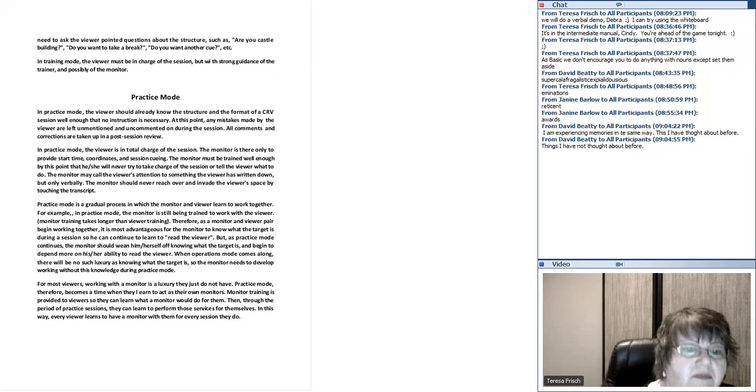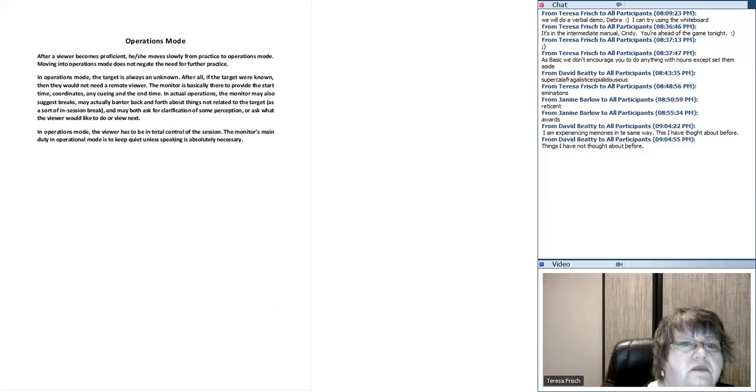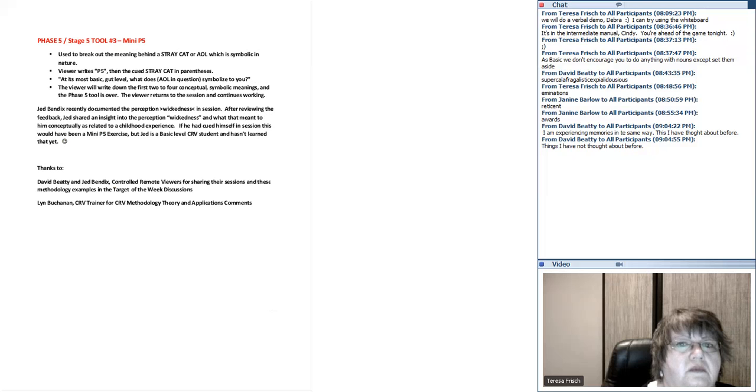Yeah. You say P5, and you write down the word, Army tank. And then you cue yourself with, at its most basic gut level, what does that word symbolize to me? What does an Army tank symbolize to you? War. Fear, danger, death, power.